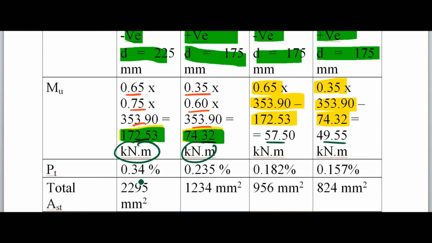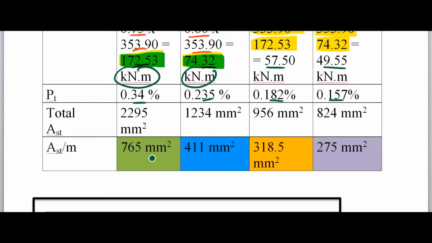So Pt by the equation, you all remember these things. So total Ast is 2295, 1234, 956, 824 mm square. Then Ast per meter, 765 mm square.